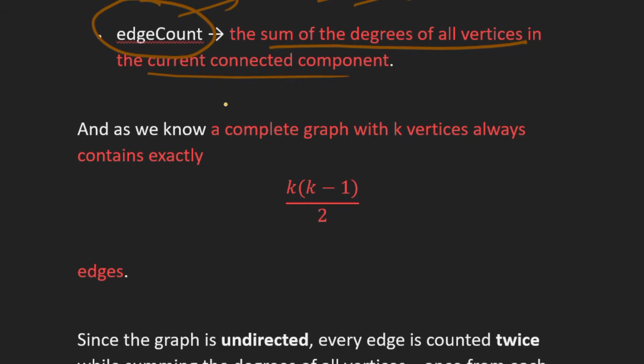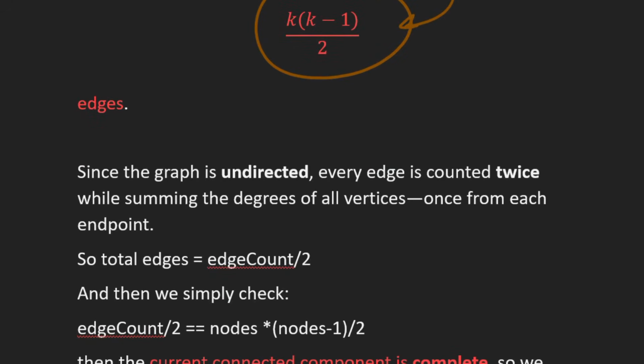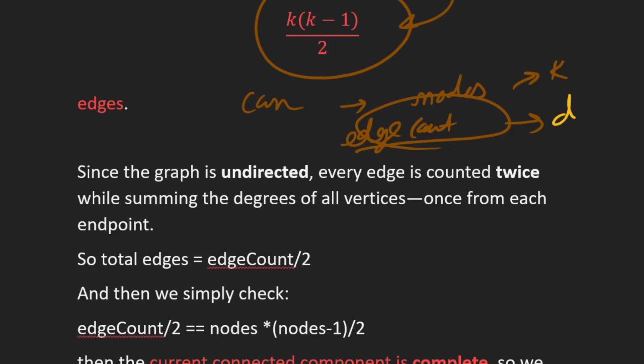Now as we know, a complete graph with k vertices has k into k minus 1 by 2 edges, right? So when we are finding the connected component, we have stored the nodes, which is basically k. Also we have stored the edge count, which is basically the sum of the degrees of the vertices. And as we know, in an undirected graph, two nodes share the same edge.